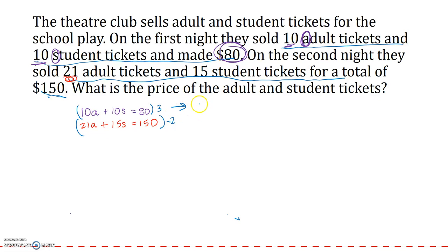I'll go with the second one. So when I distribute the 3 to the top, I end up with 30A plus 30S equals 240.